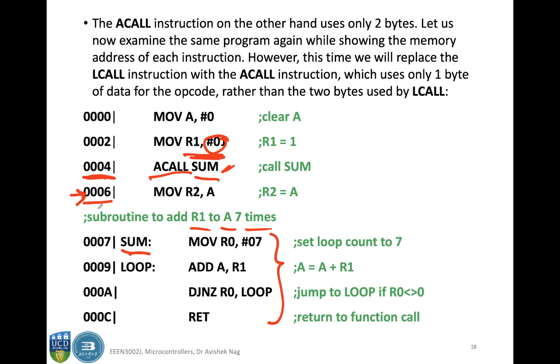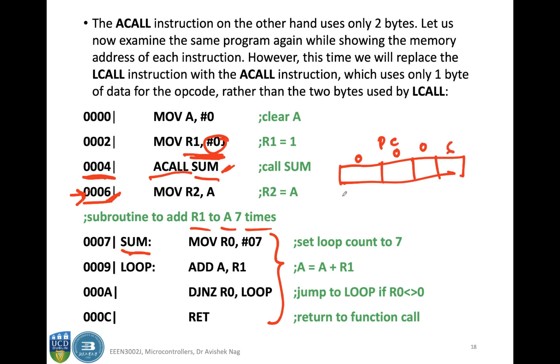After the program counter has been incremented twice and is located at this line, whatever is the content of the program counter, in this example the 16 bits of the program counter will contain this number. This is basically 0006 in hex, or 0, 0, 0 and 6.